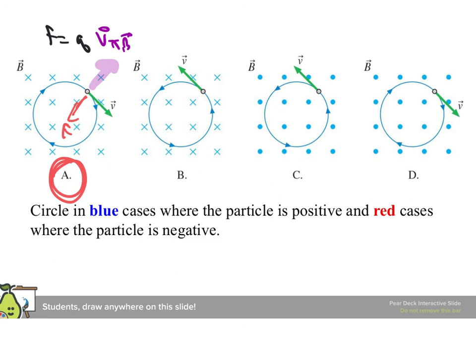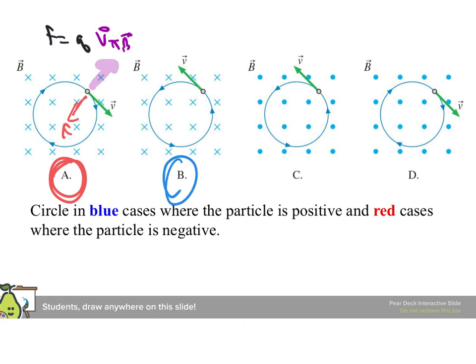I could do the same rigmarole for B, or I could just say all I've done is flip the sense of V. V is now pointing this way instead of this way, so I'm introducing a minus sign, which is going to flip the force, unless I also introduce some other minus sign, so I've got to flip the charge as well. So this one has to be positive.